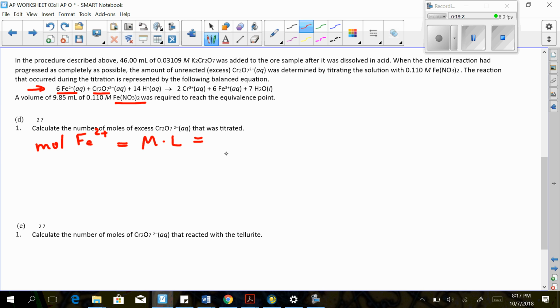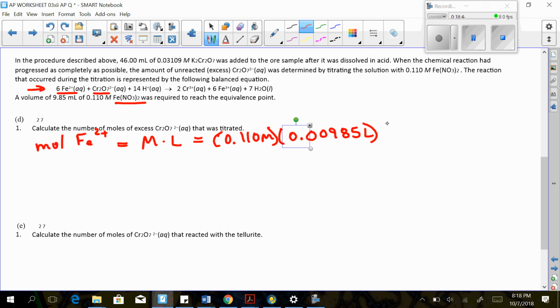And the molarity that we're given is 0.11 molar, and it took 0.00985 liters, or 9.85 milliliters.